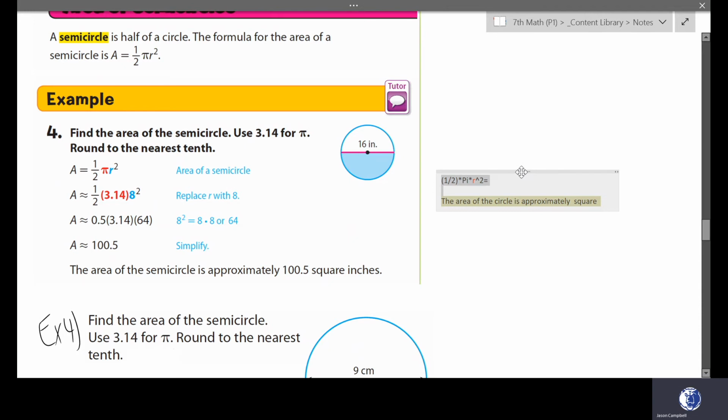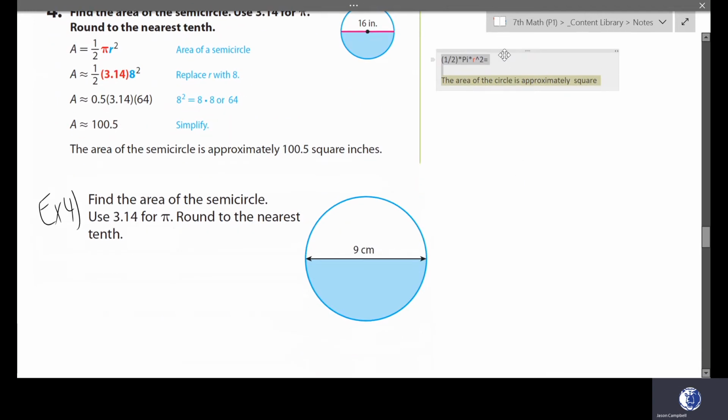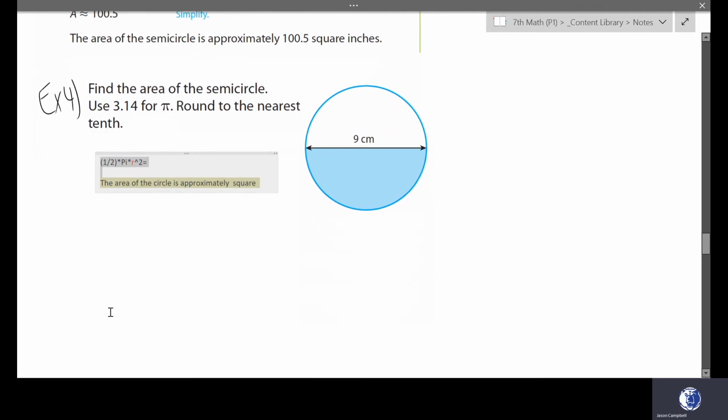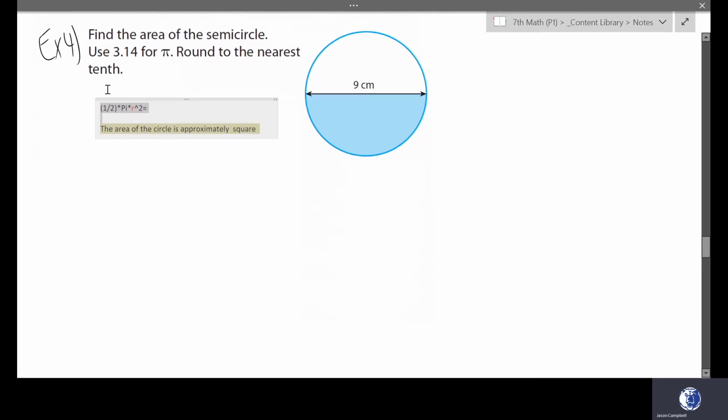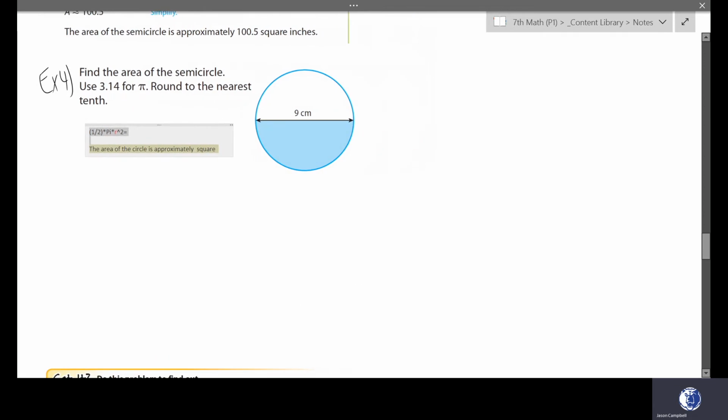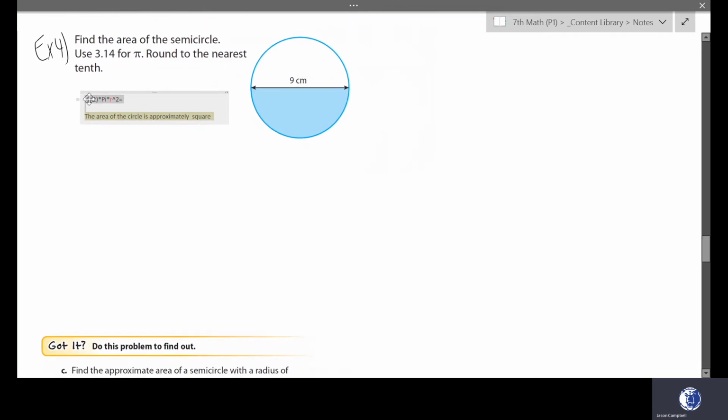I'm going to go ahead and make sure I have it copied, and then I'm going to put it down here for example 4. Example 4 says, find the area of the semicircle, use 3.14 for pi, and round to the nearest tenth. So we have a diameter in this semicircle of 9, and we need a radius, which is half of the diameter.